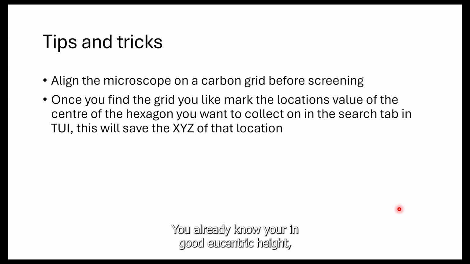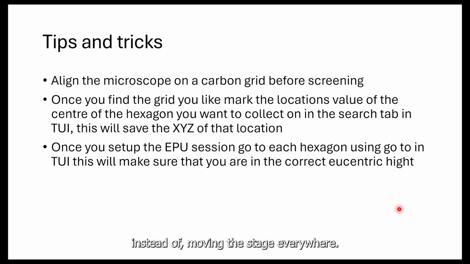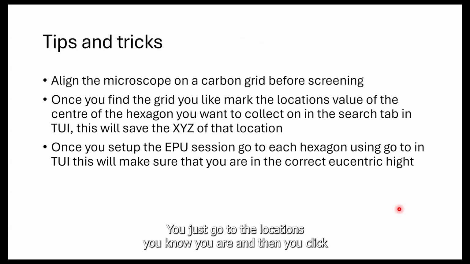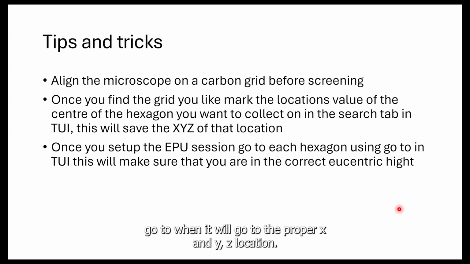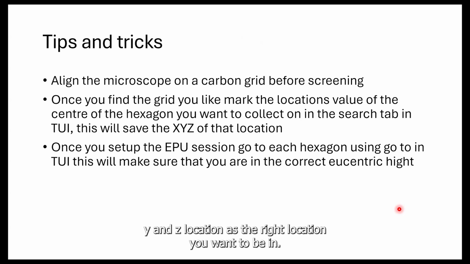You already know you're at a good eucentric height, you know you are in the center of the hexagon, and then when you set up your EPU session, instead of moving the stage everywhere, you just go to the locations you know you are, and then you click go to, and it will go to the proper X, Y, Z location. Then you just click acquire, and EPU will remember this X, Y, and Z location as the right location you want to be in.